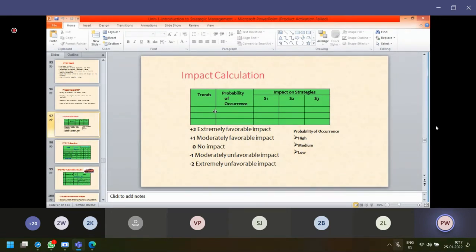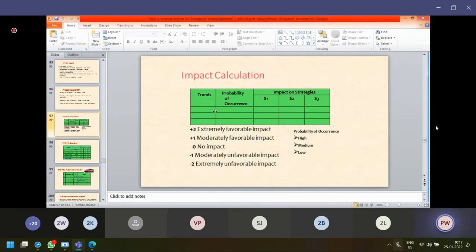Just look at this table and try to understand. If you have any query, you can still ask me. I'm going to repeat this with one practical example. Are you getting this table, how you have prepared? Harish?